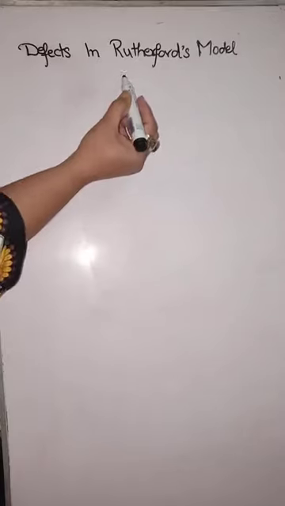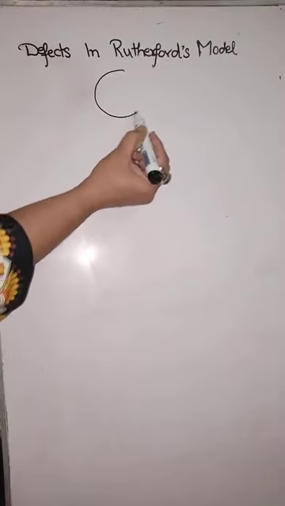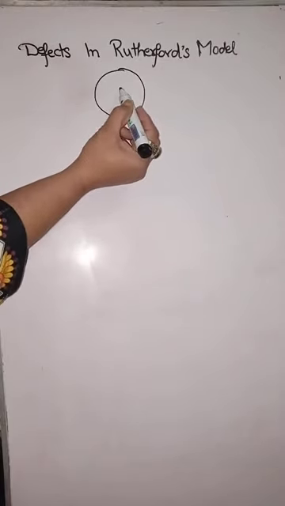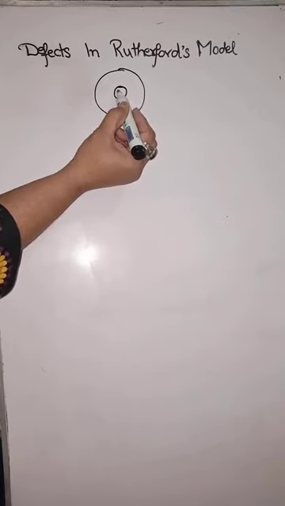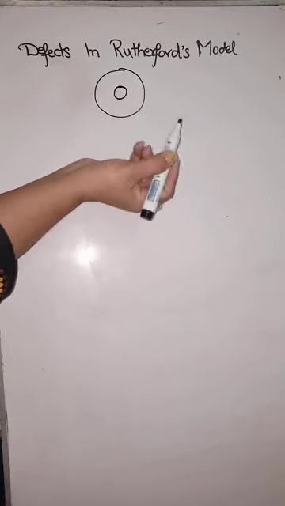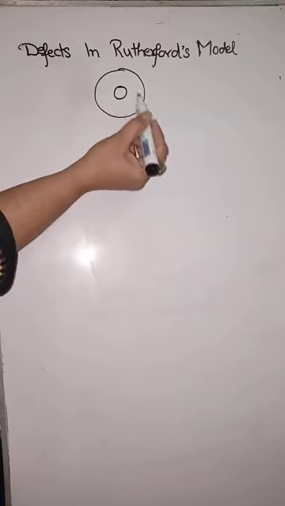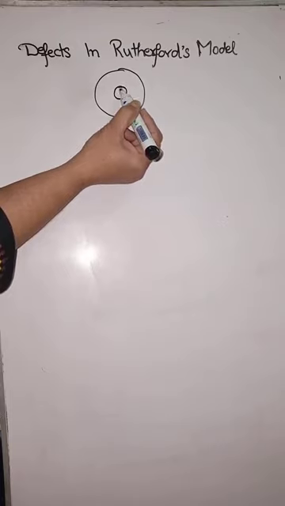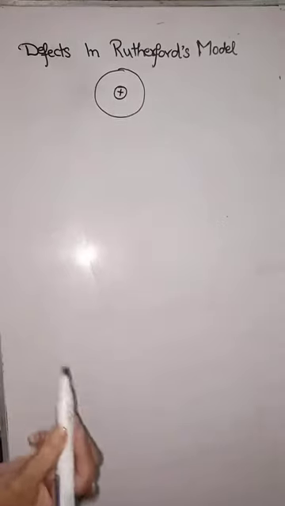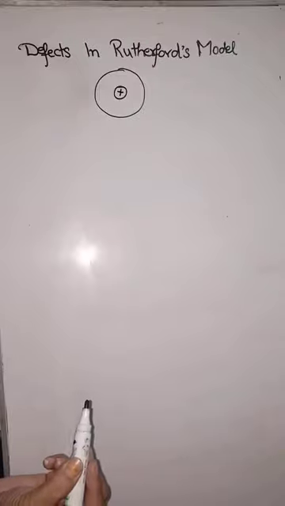While Rutherford said that actually the positive particles are present within the nucleus. Say the hydrogen atom consists of one proton and one electron, and the proton carries a positive charge. So I'm showing here a positive sign.